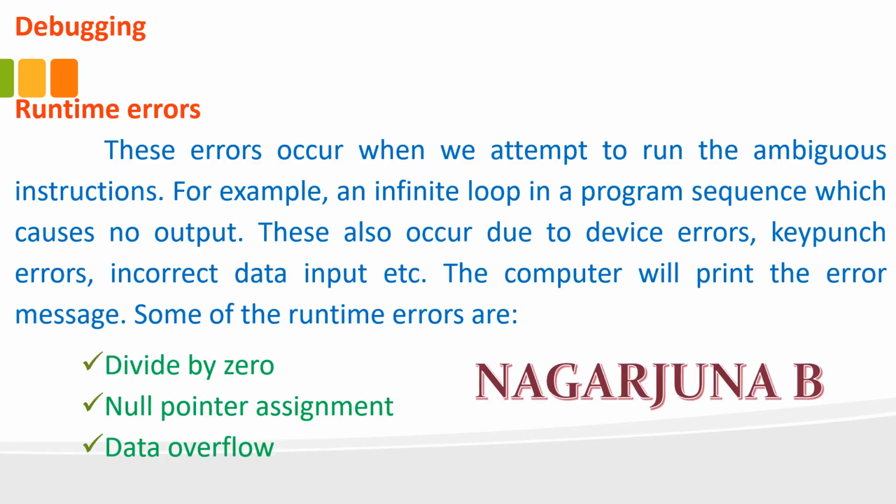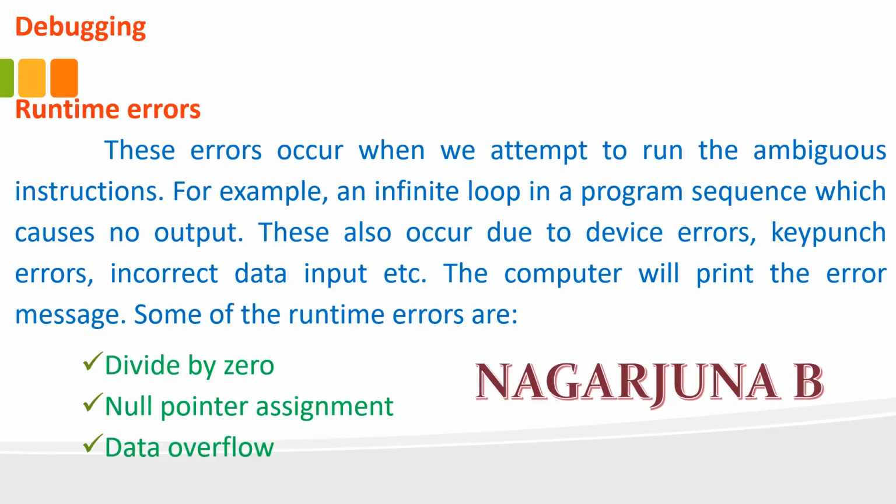For example, you might have written a loop, and that loop might enter into an infinite loop because you have made some mistakes in the loop at the time of initialization or during the condition checking or during the incrementing or decrementing statements. Because of that, the program will not give the output and it will enter into an infinite loop. That means the output will not be displayed at all.